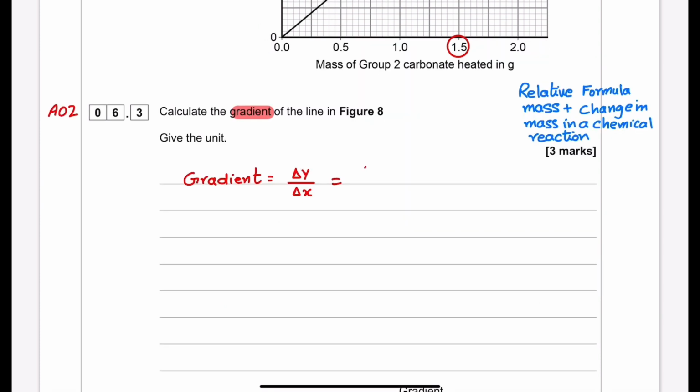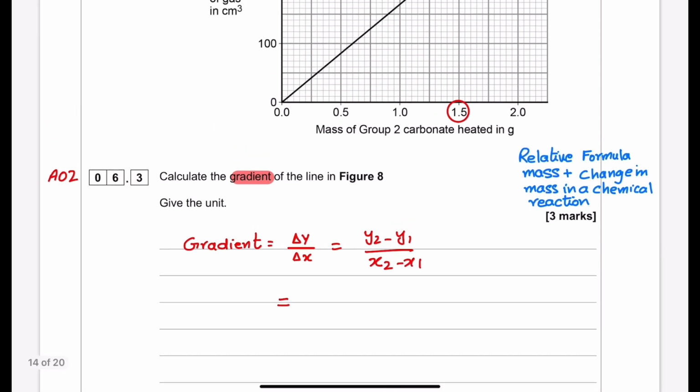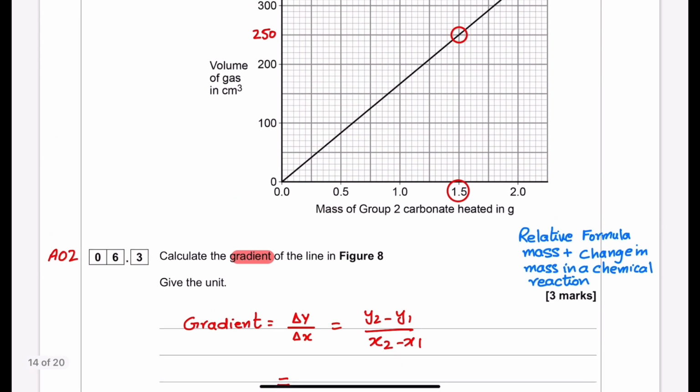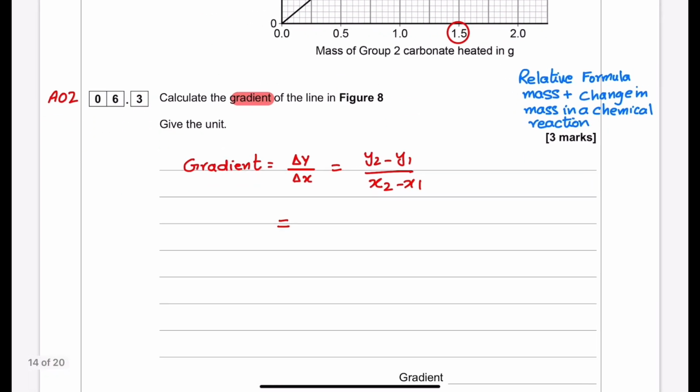The slope is y2 minus y1 over x2 minus x1. 250 is my y2, and y1 is 0. So 250 minus 0 over x2, which is 1.5, minus 0.